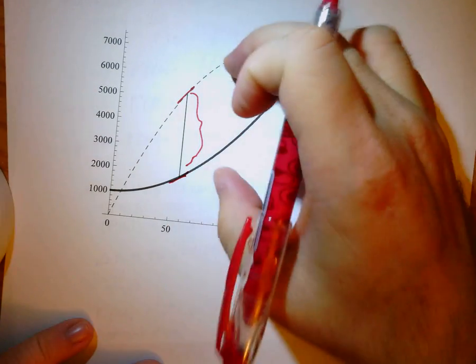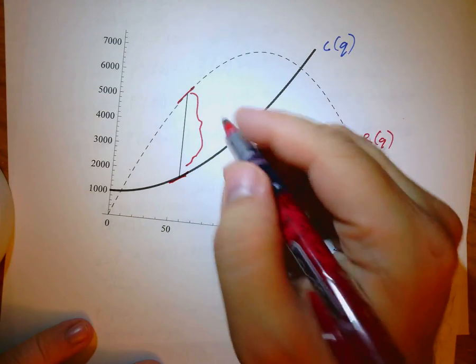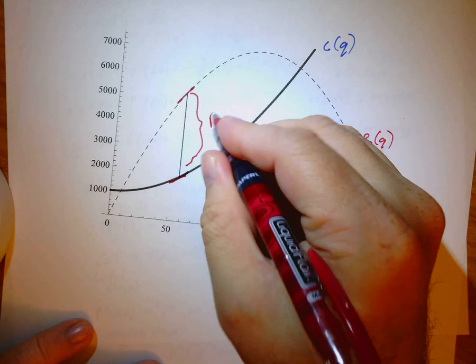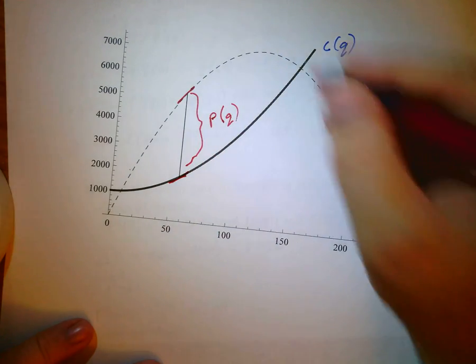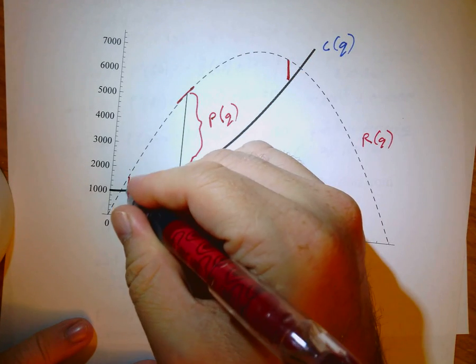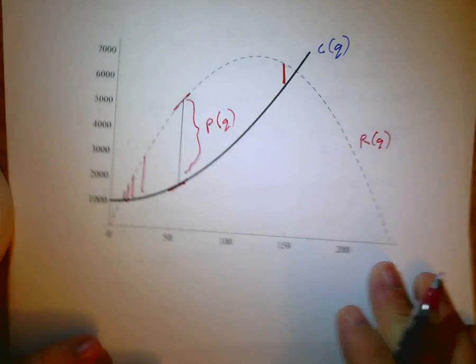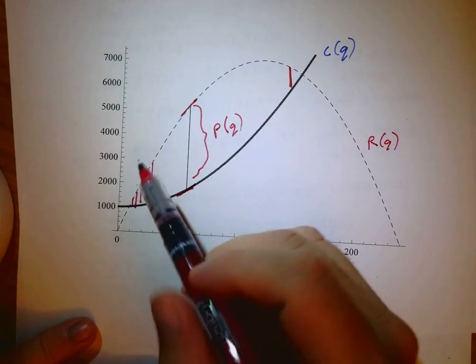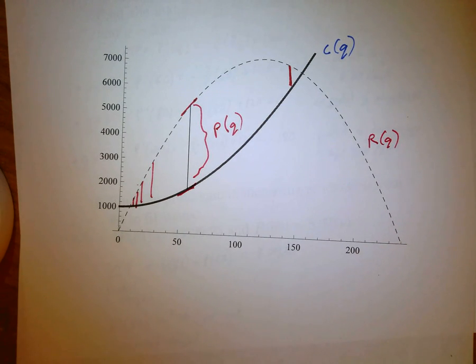So you want to find the biggest distance between revenue and cost. Where the cost is on the bottom and revenue is on the top, this is your profit function at q. So you don't make much of a profit if you pick any other value. But by maximizing your profit, you found the one where you bring in the most money and it costs you the least. And that's the idea behind optimizing profit. Thank you.